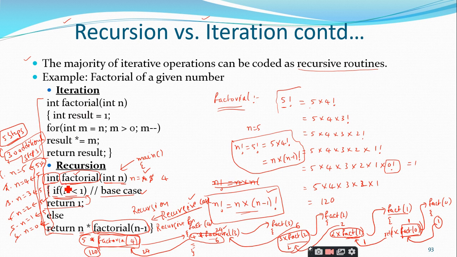And if you look at the same version of finding the factorial of a given number using loops, see here, very simple. If n is equal to 5, I take result equal to 1 and I am repeating the loop up to the condition m greater than 0. See here, I am decrementing here.